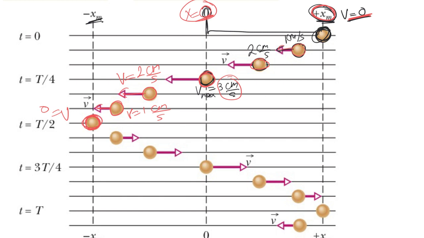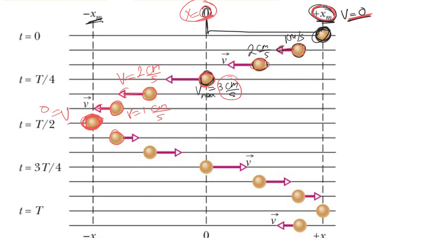Why does the velocity become 0 here? Because at this point the particle starts to return. If the velocity were not equal to 0 here, that would mean the particle would continue moving. But because the velocity of the particle here is 0, this makes the particle return again.